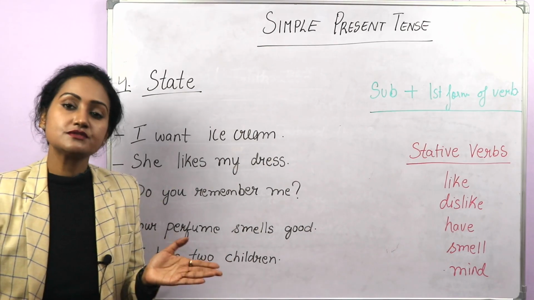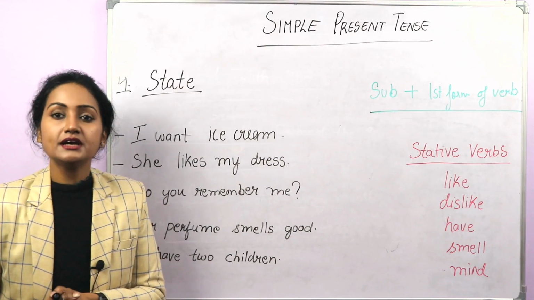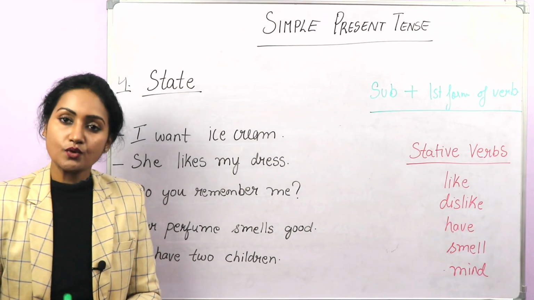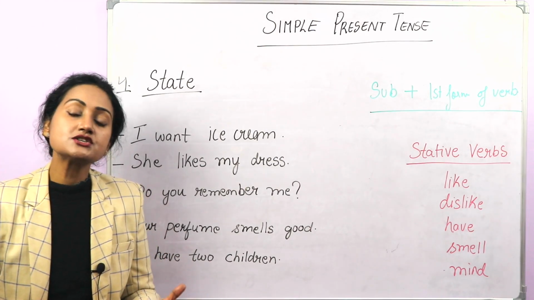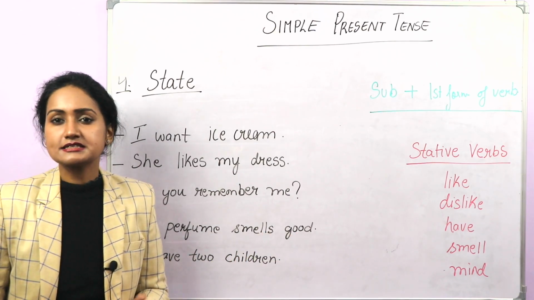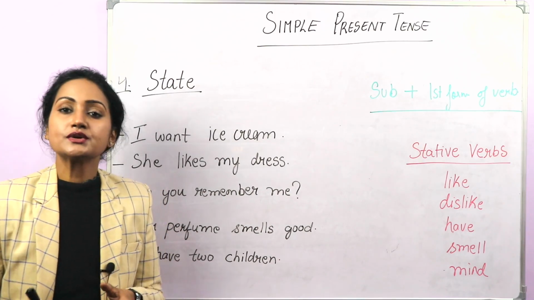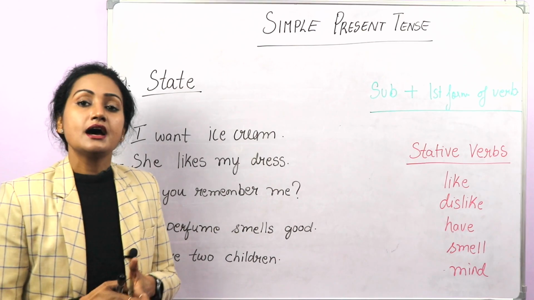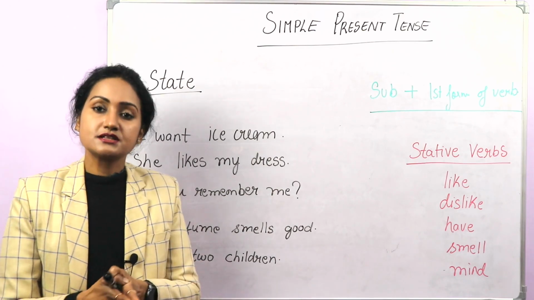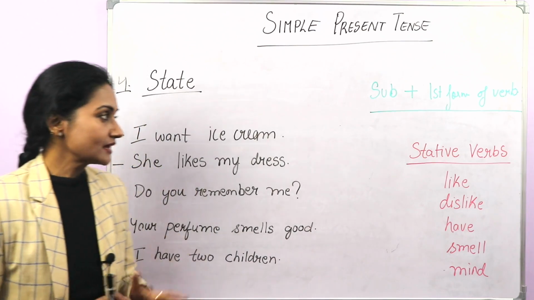I made a different video about dynamic and stative verbs. If you want to get any information about the verbs, objects, subjects, predicates, I have covered most of the grammatical topics. So you can go through my videos, and I will mention the links in the description box, so you can go through that as well.